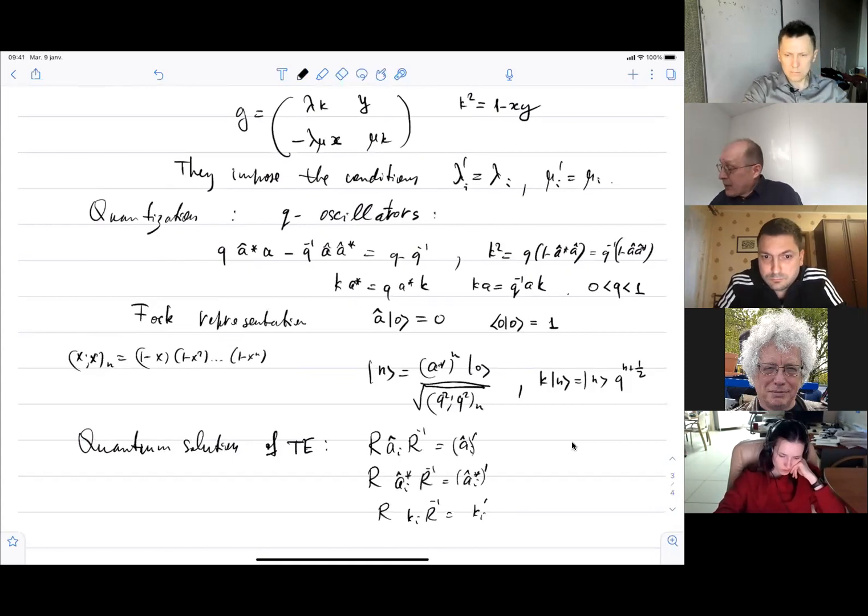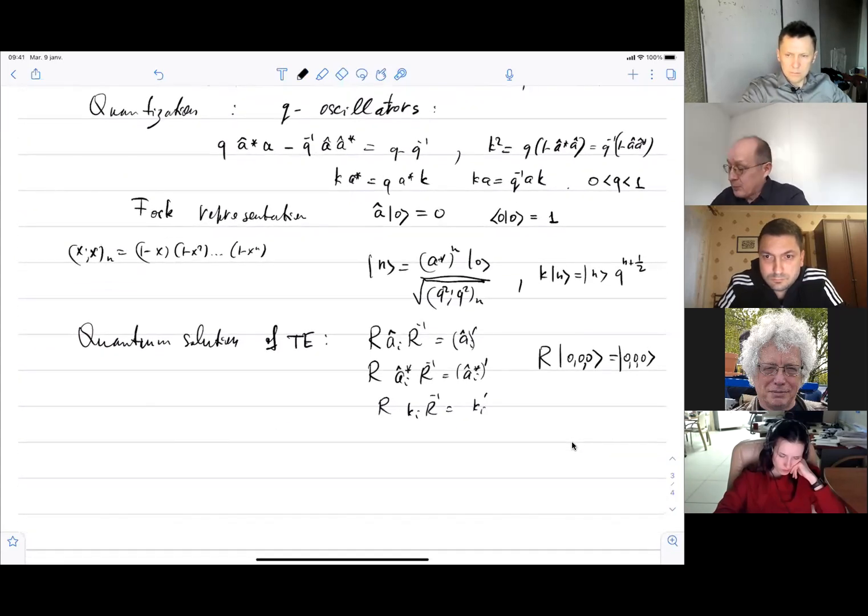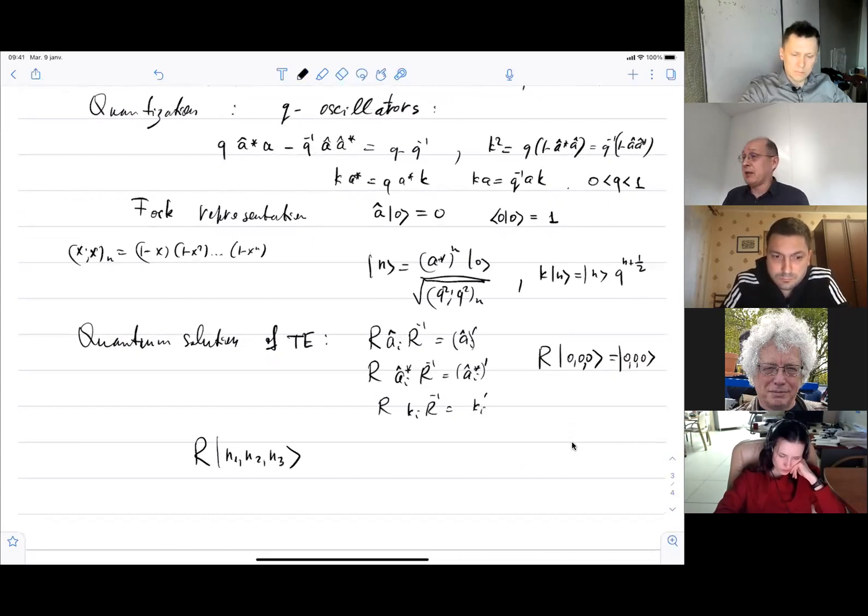But additionally we require that the triple vacuum, because we are in the triple space, stays invariant. Then you can easily calculate this R matrix, because we just need to act on an arbitrary basis element in the triple tensor product.